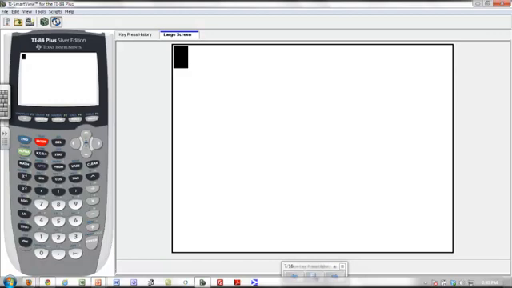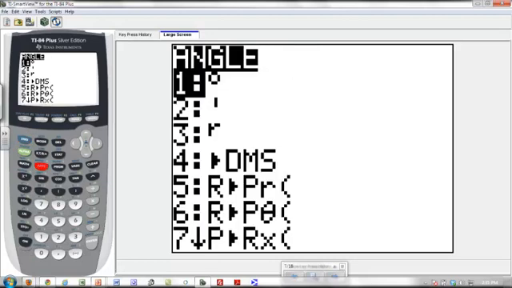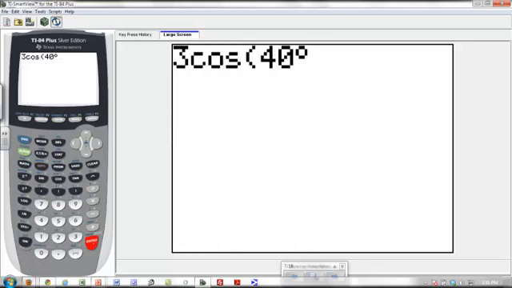All right. So we want 3 times cosine of 40 degrees. Well, above the apps button is a thing called angle. If I do second angle, you're going to see a little itty bitty degree sign. If I choose that, instead of saying 3 cosine of 40 radians, it now interprets that as 3 cosine of 40 degrees.